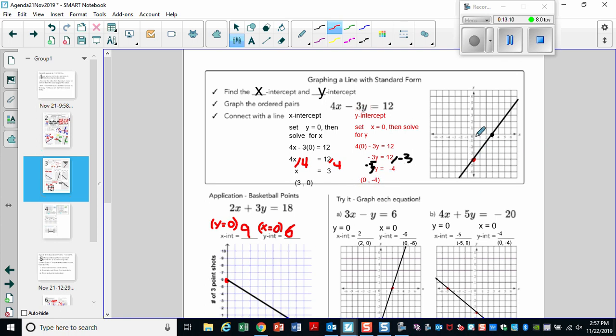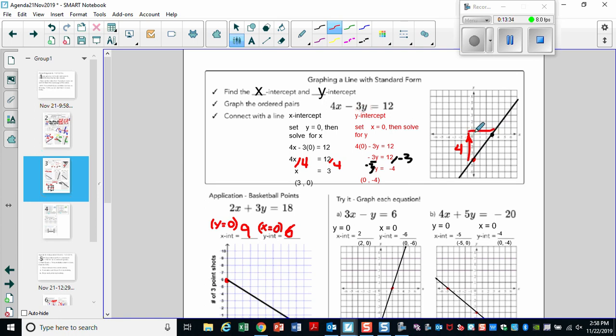And then we use our intercepts to determine the trend of the line. In this case, we go up 1, 2, 3, 4, and then to the right 1, 2, 3.